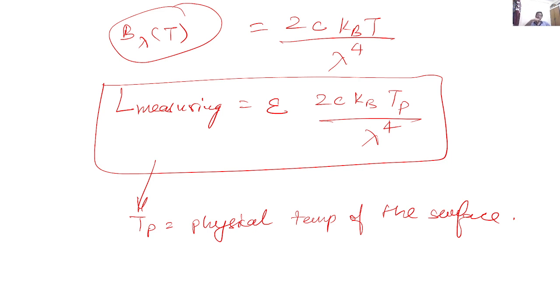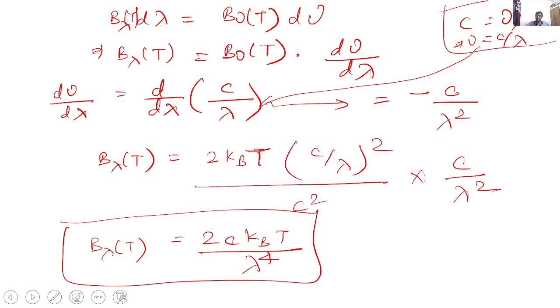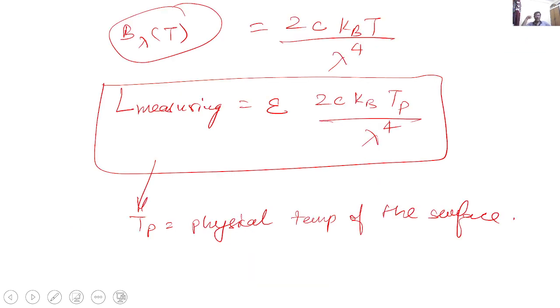Now, in today's session itself, we will also be discussing something known as the brightness temperature, and brightness temperature also comes from radiances itself. Brightness temperature, if you don't know, comes from inverting Planck's law.